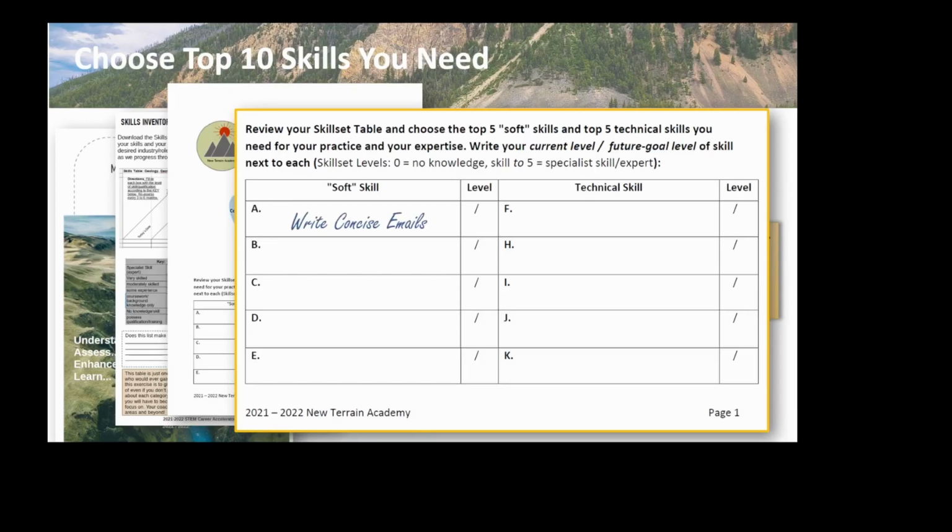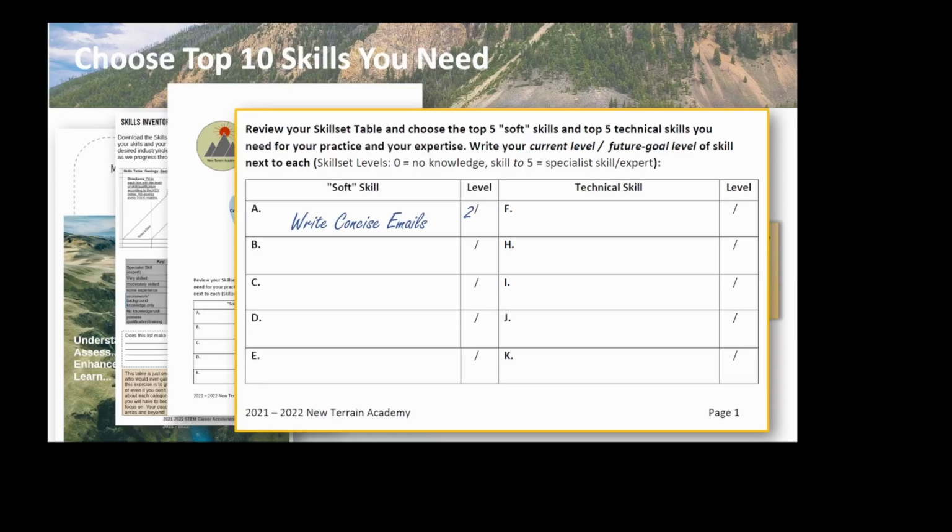So, for instance, let's say that you really want to get great at writing concise emails, and this is more of a soft skill than a technical skill. If you're currently at, say, a 2, which means that you are beyond having just no knowledge and skill, you have either coursework or some background knowledge in it, but you also have some experience.